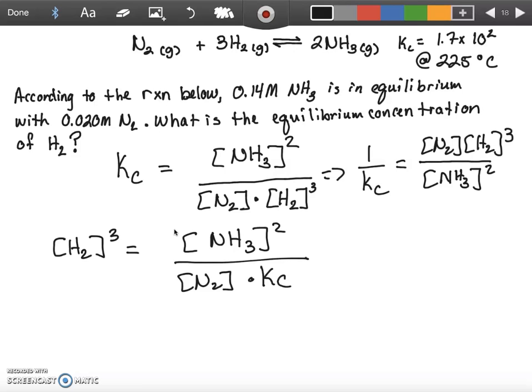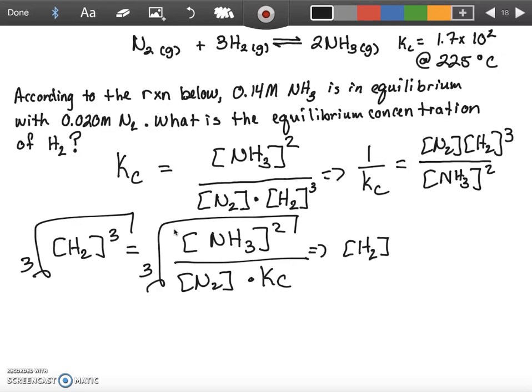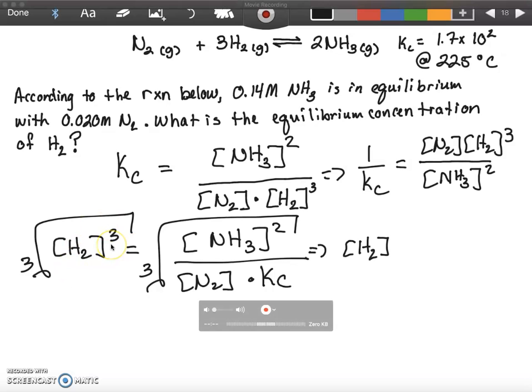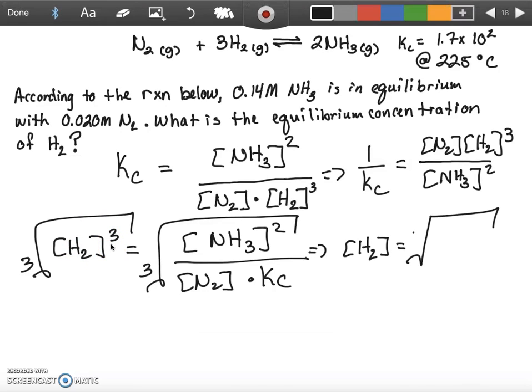Now, this still isn't by itself. We have that to the power 3 there. So if we take the cubed root of both sides, and again, I just assume you remember how to do your algebra, that means we're going to have a final expression of the concentration of H2 being equal to the cubed root of the concentration of NH3 squared over the concentration of N2 times Kc.